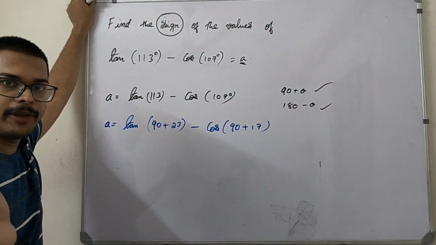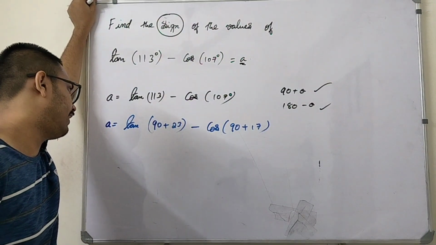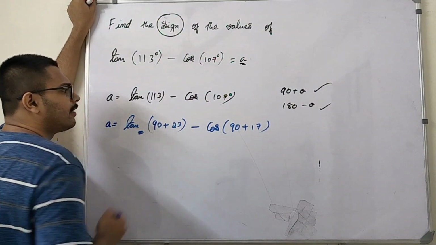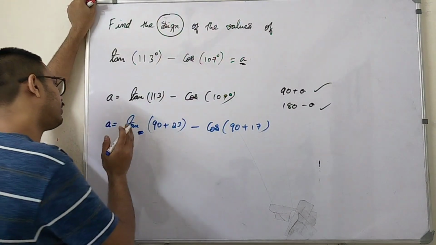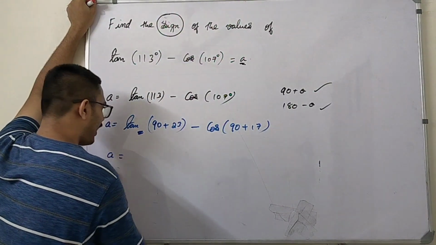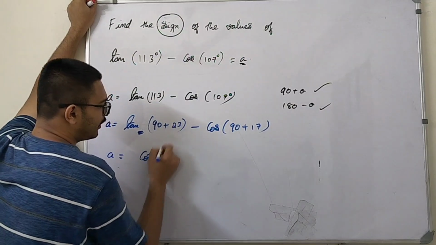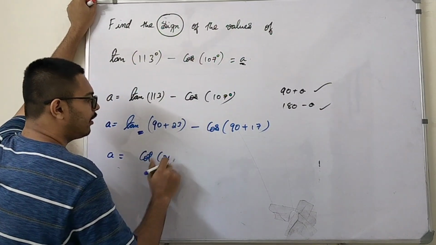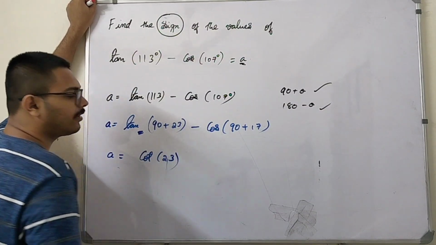Odd multiple of pi by 2, or odd multiple of 90, means we need to take the cofunction. What is the cofunction of tan? Cofunction of tan is cot theta. Tan 90 plus theta equals cot theta, here theta equal to 23.